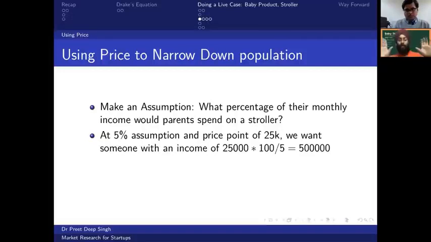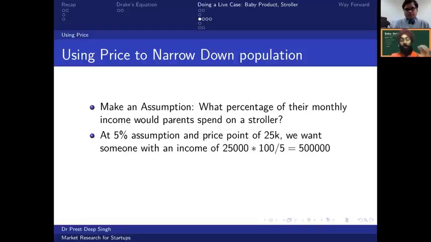You will create an entire matrix of these options of low, high price points, different monthly income assumptions. You need to take into account that when people have a baby, they have more expenses in terms of medical expenses, getting clothes for the baby, more food, and there are other capital goods that you require for a baby, not just a stroller. You probably need a crib, you need a bed, you need a bed sheet, you probably have domestic help also, and those things as well, right?